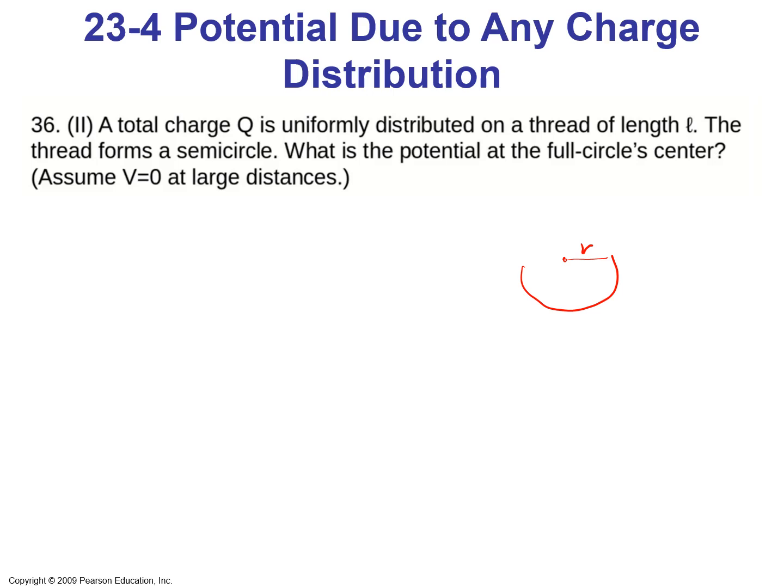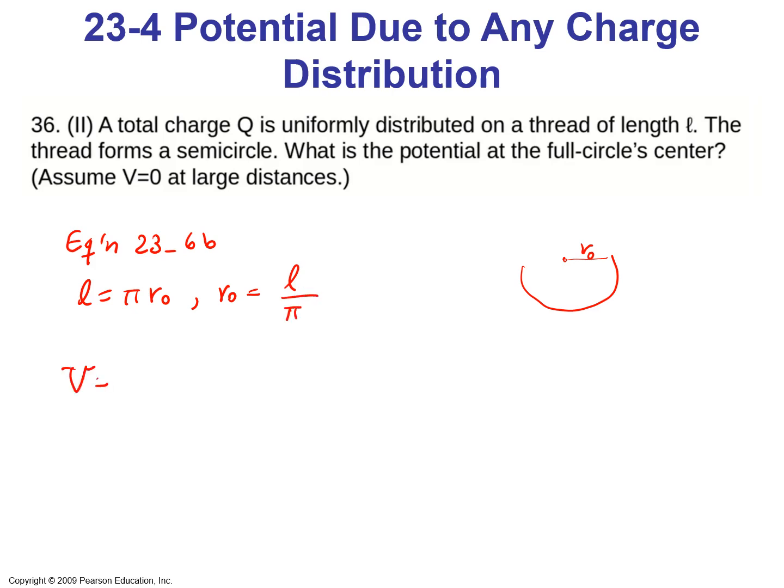We can use equation 23-6b to calculate the potential. Let's write down L equals pi r naught, and r naught equals L divided by pi.